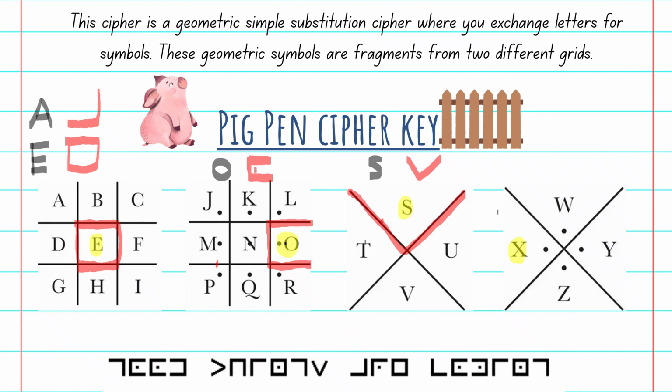Now let's go back to the X. Let's not make the same mistake. Let's not forget this dot right here. So for the X, the shape would be this one right here. So let's write X. X is going to be this symbol right here with the dot, right?